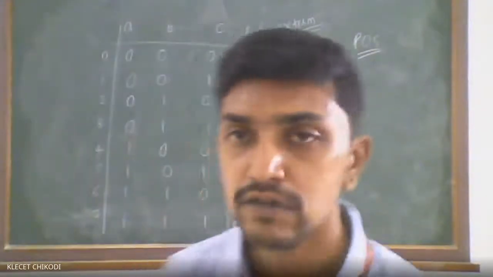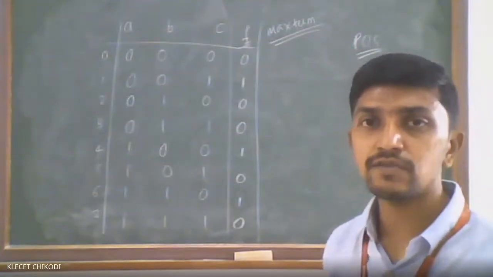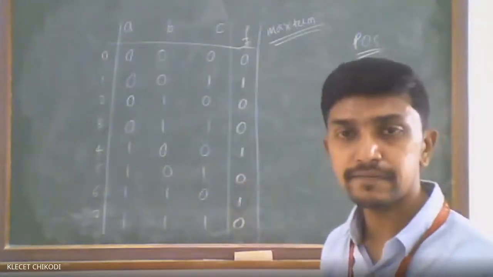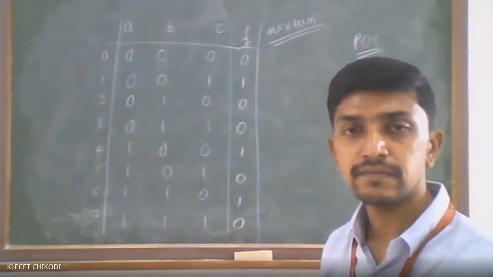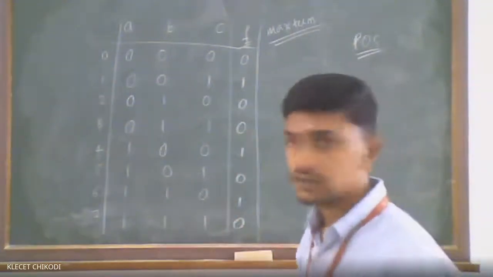So what are the max terms available here? Just name those max terms for the following truth table. It will be 0, 2, 3, 5 and 7.